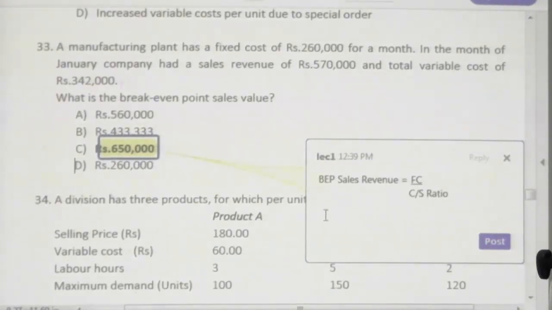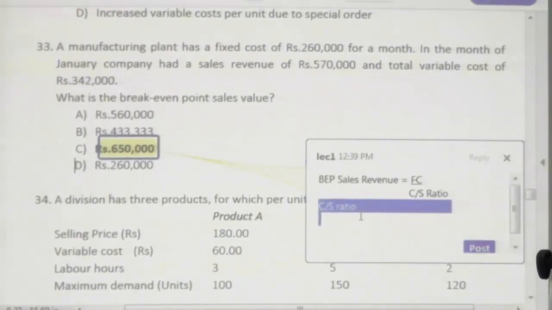To calculate the CS ratio, right? Let's calculate the CS ratio. How can you calculate the CS ratio? You need to divide contribution by sales value.